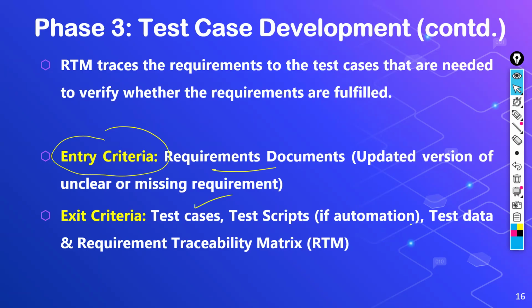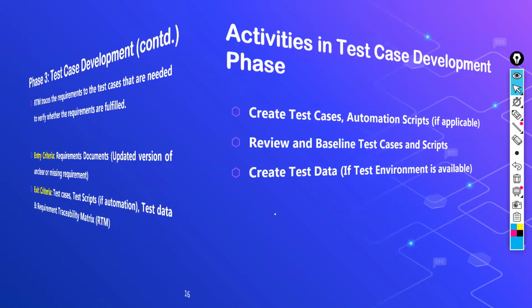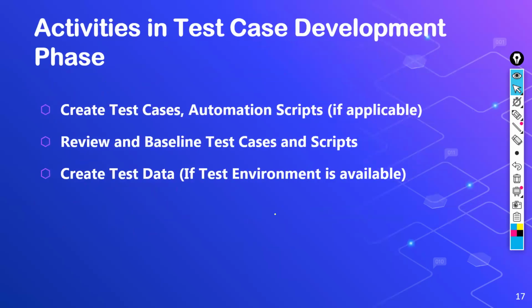And we will have test cases, data, and RTM. If we are using automation, we're gonna have the test script as well. This is what we're gonna do, getting test cases, test data, reviewing and baselining the test cases and scripts as well. That is all what we're gonna do in this.